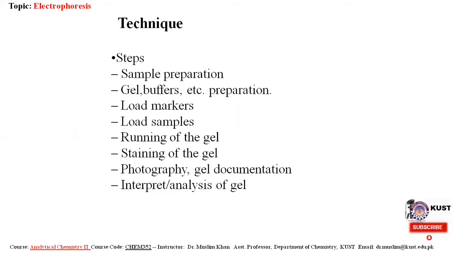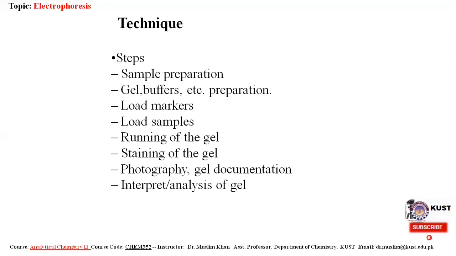You have to prepare your sample according to your instrument, and then you have to prepare the gel of suitable concentration, according to what you want to separate, and then the buffer of your desired pH, depending on what you want to separate and in which state your molecule is present. So buffer is present, and etc.